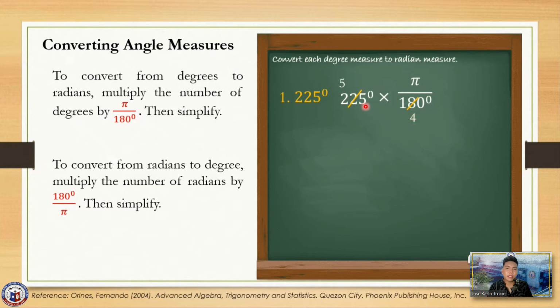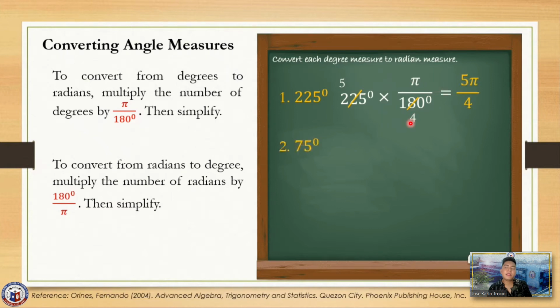Yeah, it makes sense, because 225 divided by 45, that is 5, and then 180 divided by 45, that is 4. So just find the GCF, because we are not going to use decimals. We are going to use fractions, so we need to find the GCF as much as possible. So you have remaining 5 times pi over 4.